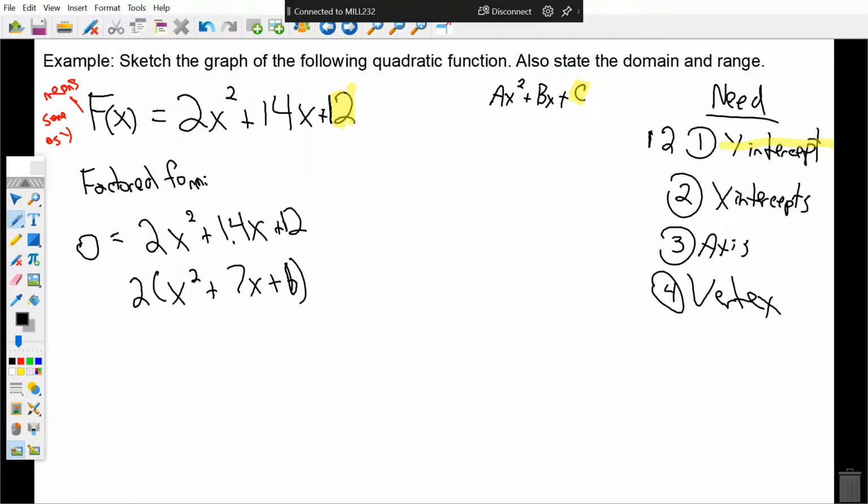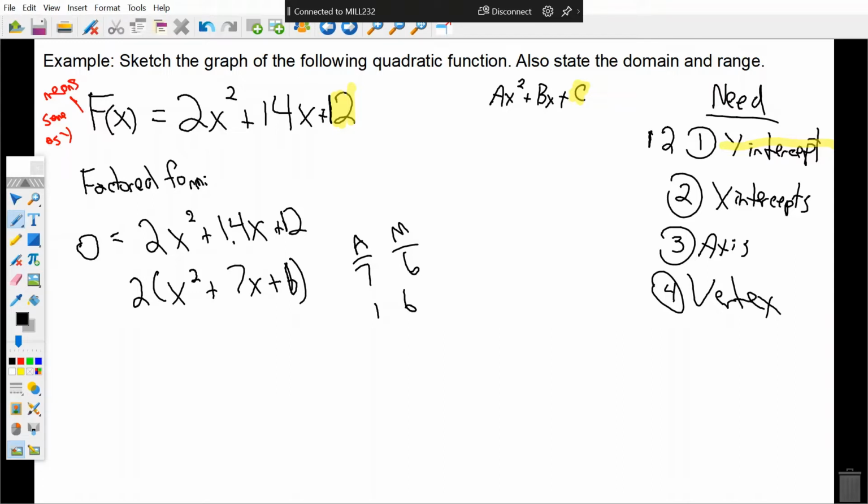Now, if you remember how to factor trinomials, you need to find two numbers that add to the middle term, which is 7, and multiply to the last term, which is 6. Two numbers that add to 7 and multiply to 6 are positive 1 and positive 6. 1 plus 6 is 7, and 1 times 6 is 6.